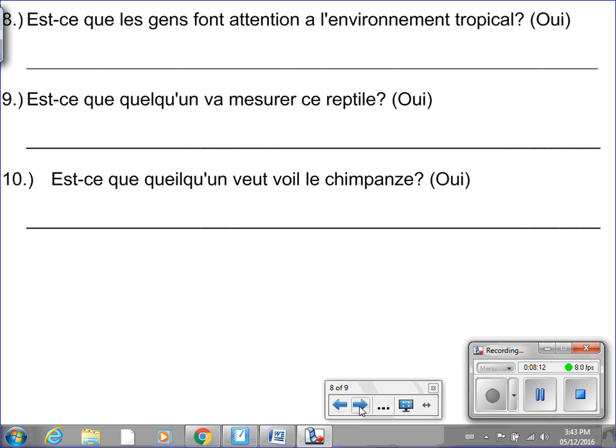Again, answering each question in the positive or negative according to the word that's in the brackets and changing the subject to on and reconjugating the verb. Okay, so please put the video on pause so that you can try as many of these 3 questions as possible.